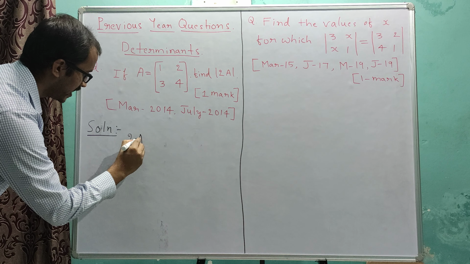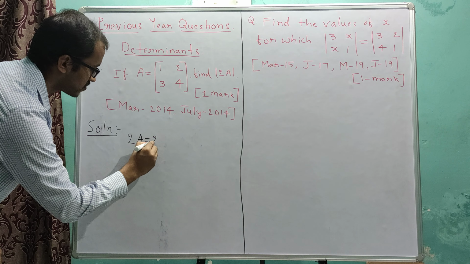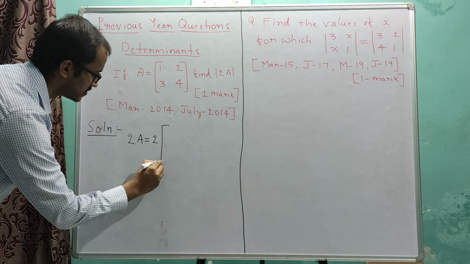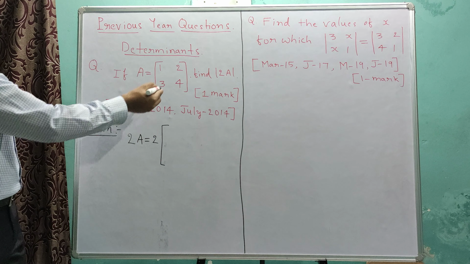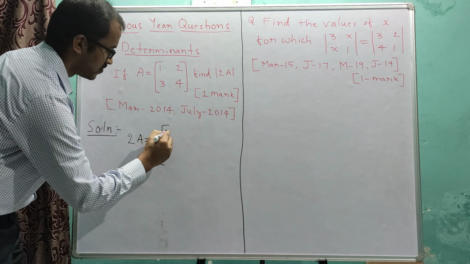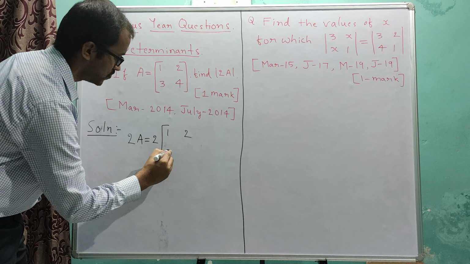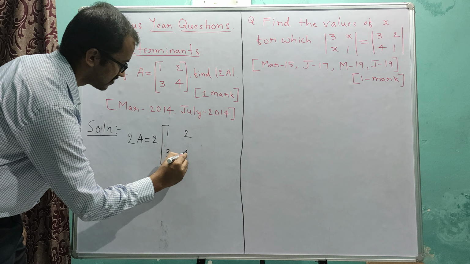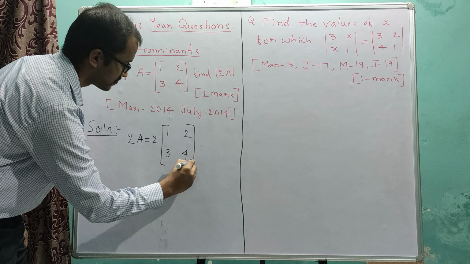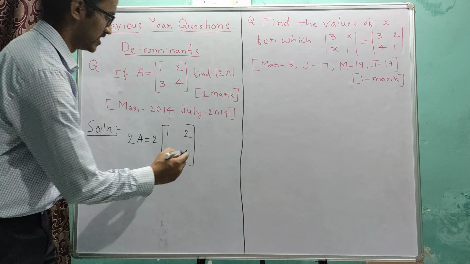So 2A is equal to 2 times A. Here the given A value is 1, 2, 3, 4.